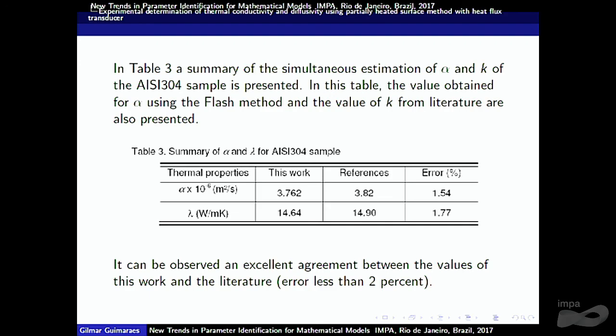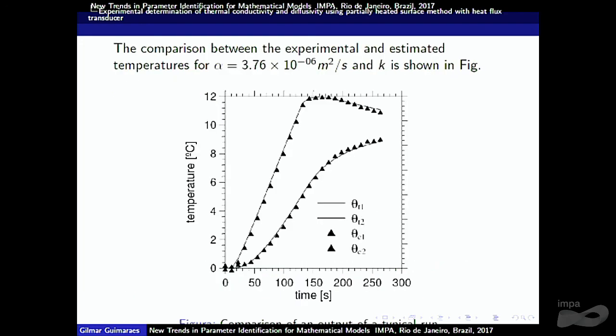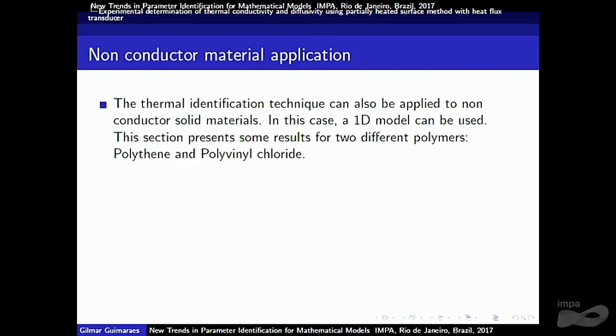The results for the AISI 304 were obtained with error less than 2%. And this figure shows the comparison between the experimental temperatures and the temperature recovered with the thermal properties estimated.